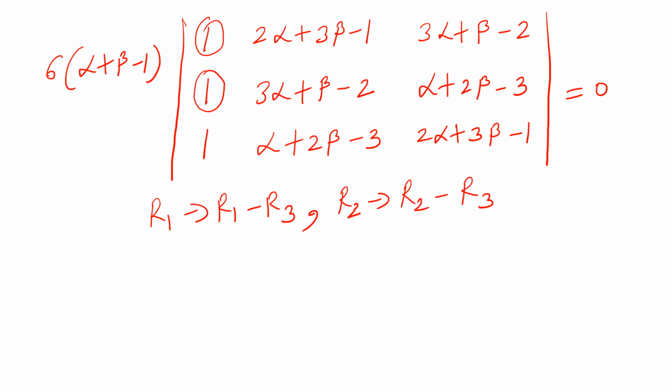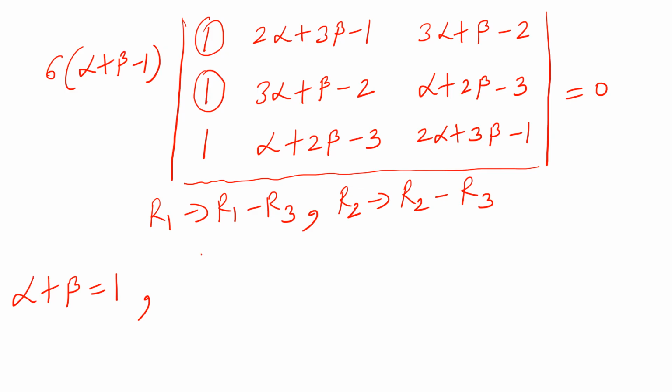Right? Now, one possibility is that the value of alpha plus beta is equal to 1. And another possibility is that the value of this entire determinant is equal to 0. Now let's find the value of this determinant and put it equal to 0.